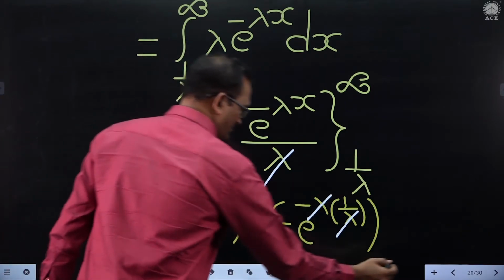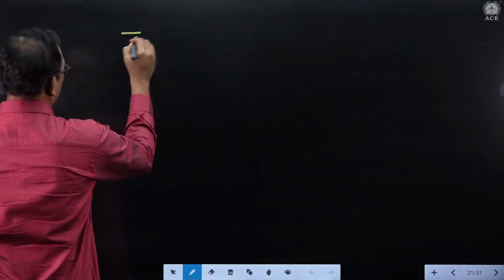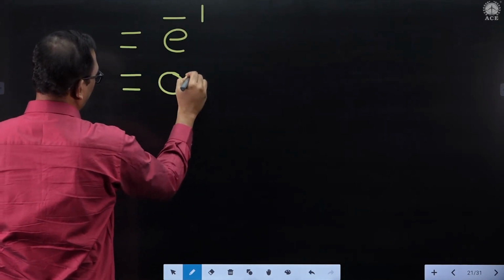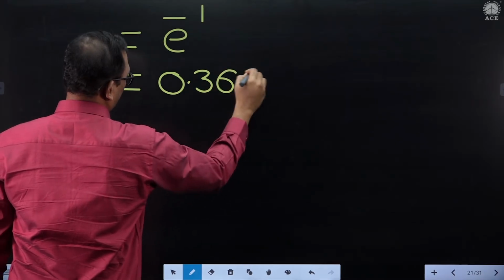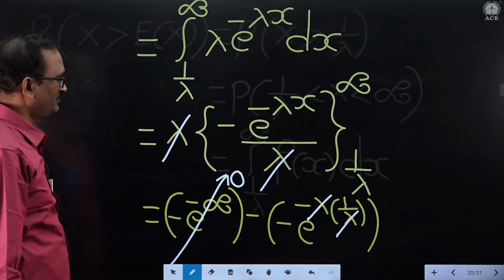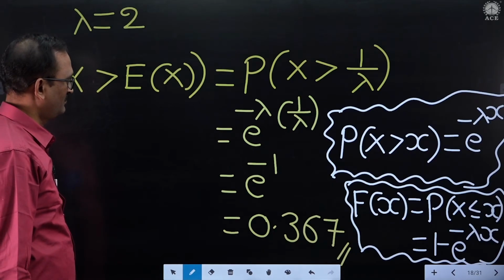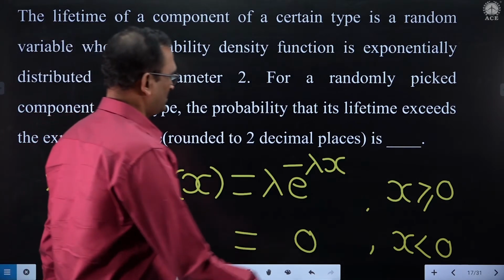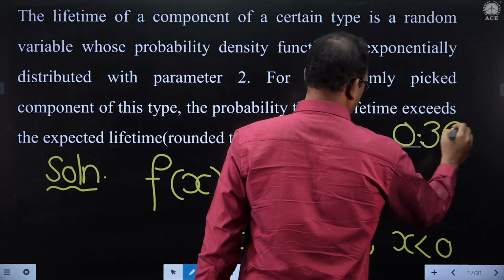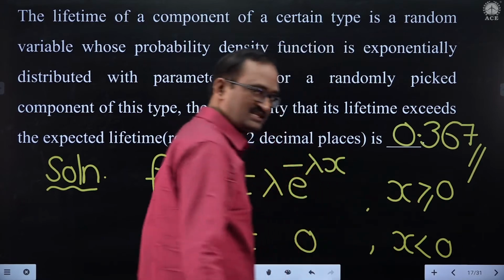That is equal to e to the power of minus 1, its value is 0.367 or 368 approximately. So the answer is 0.367 or 368.